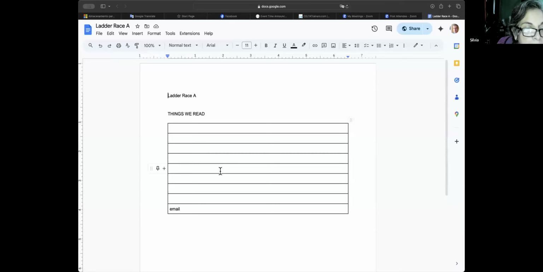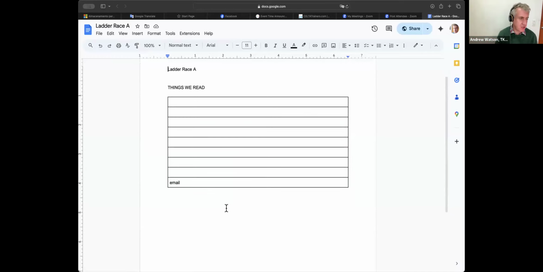Each ladder will have two vertical lines with 7 or 8 horizontal lines between them, like rungs. So the aim is to race to fill up the ladder spaces with things we read. Okay, starting from the bottom. So we have to begin from the bottom.